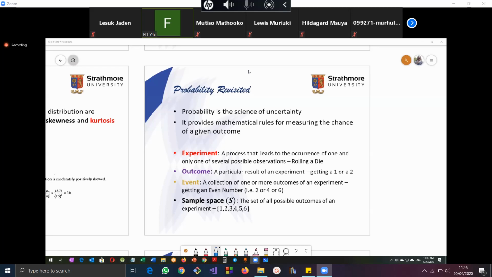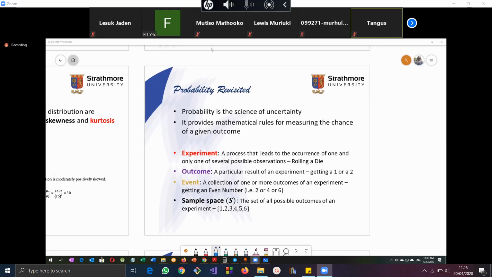But just for the benefit of those who might have forgotten, we start here. There is an experiment always in probability. There's an outcome, there's an event, and there's a sample space. An experiment is what leads to an outcome, and an event is a collection of outcomes. Then the sample space is the collection, or the set, of all possible outcomes.